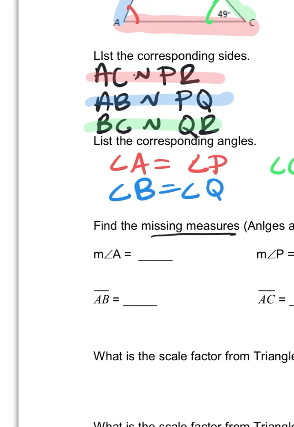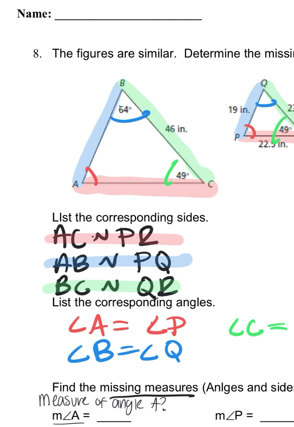When you see something that reads and looks like this, it is asking you, what is the measure of angle A? So we got to go back up here to our first triangle of A, B, and C. You need to remember that inside of your triangle, all of your angles add up to be 180 degrees.